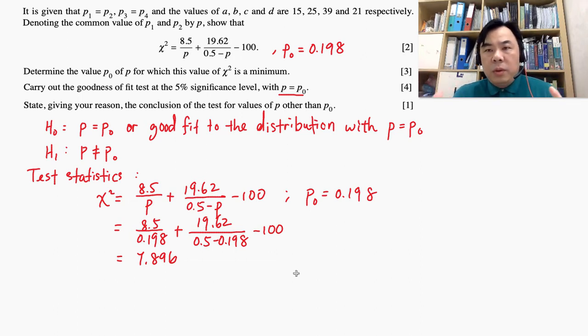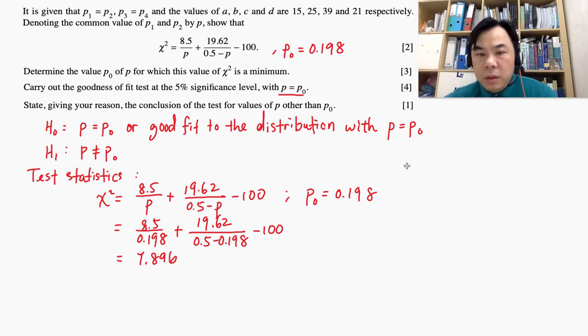This will be our test statistic chi-square value that we have obtained from the data collected from our sample. Next, in order to conclude whether we accept or reject the null, we're going to refer to the critical value at 5%.